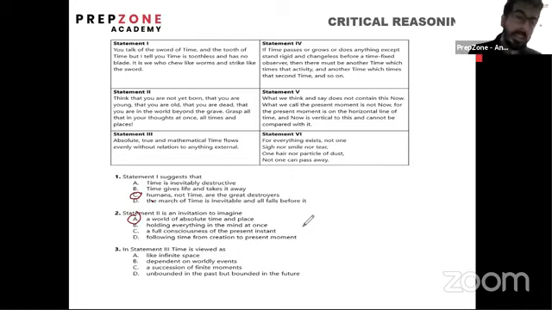Let's look at statement number 3. Statement number 3 says, absolute, true and mathematical time flows evenly without relation to anything external. And the question is, in statement 3, time is viewed as what? So over here, time is absolute and true.